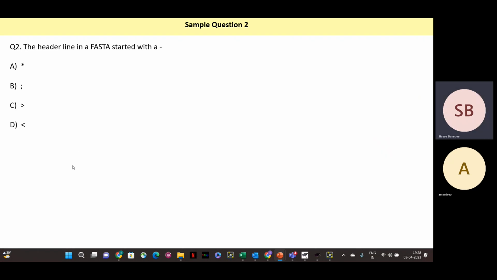The next question is, the header line in a FASTA starts with what? Meaning the first line where the organism name or comment is given, what does it start with?